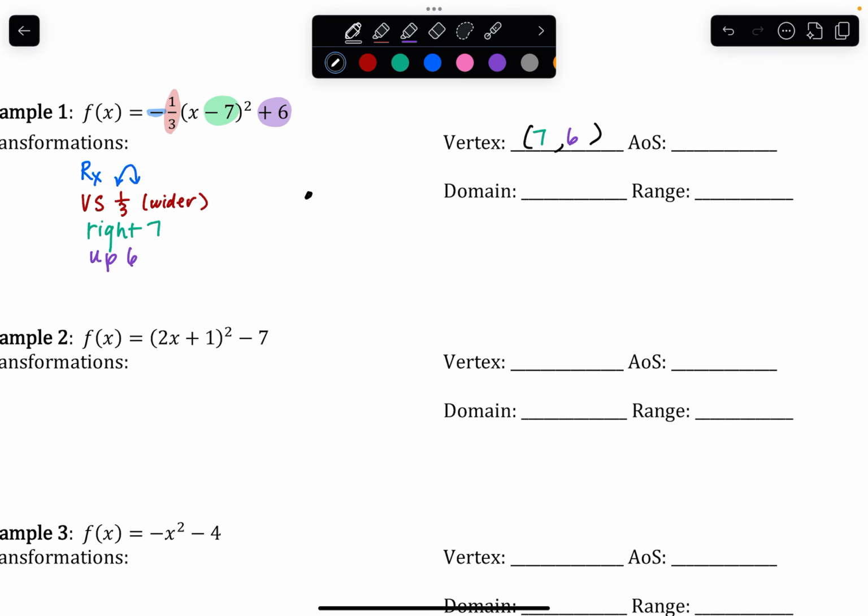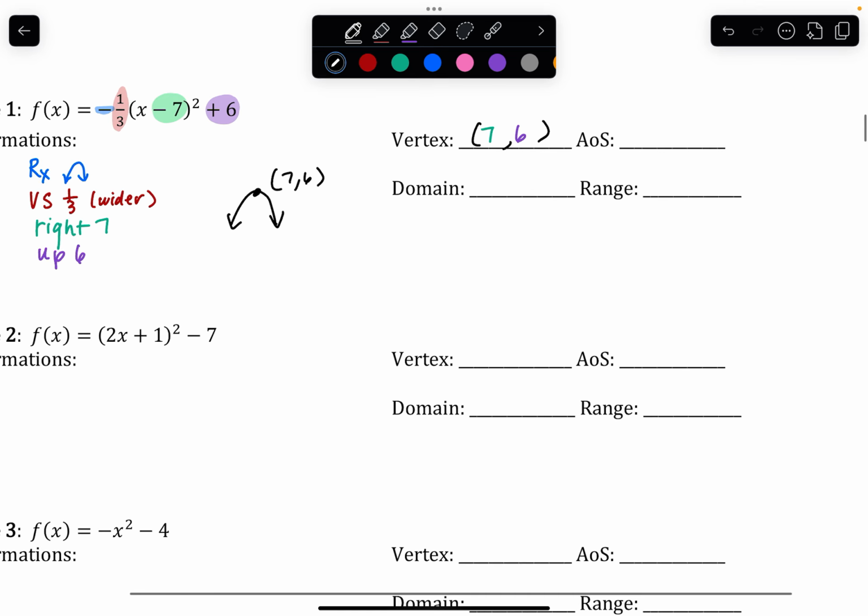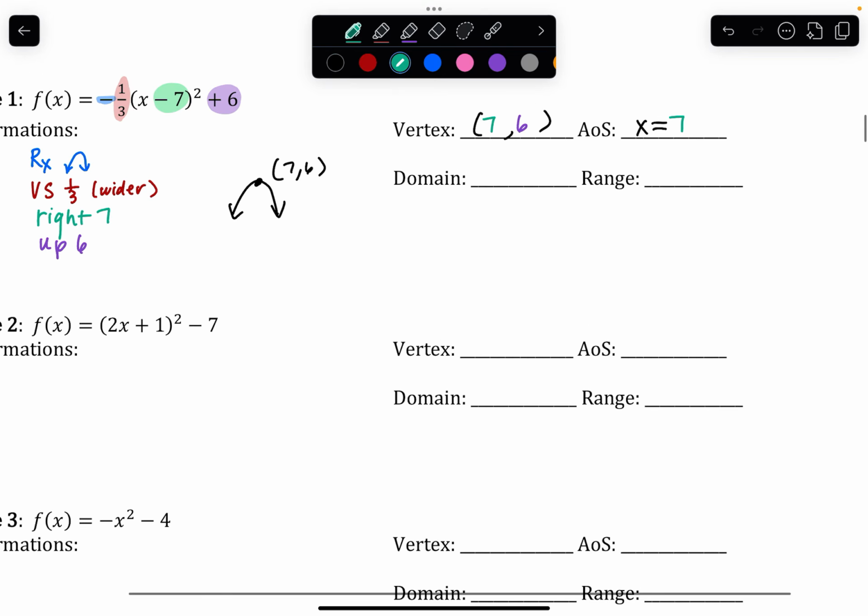And so you can picture it opening down because of the reflection. Okay, and so that means the axis of symmetry, which has an x equals in front of it, is x equals 7, the x coordinate.